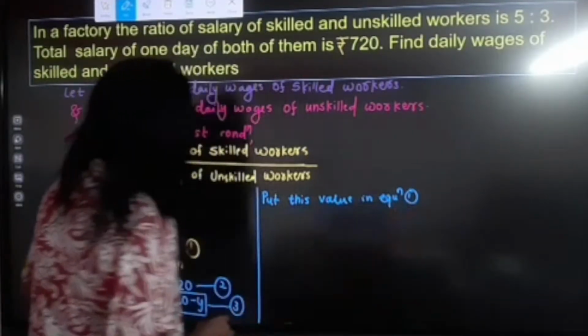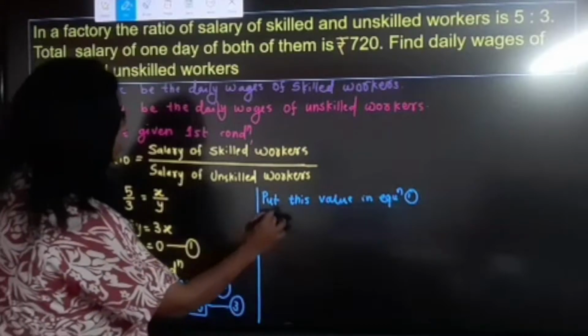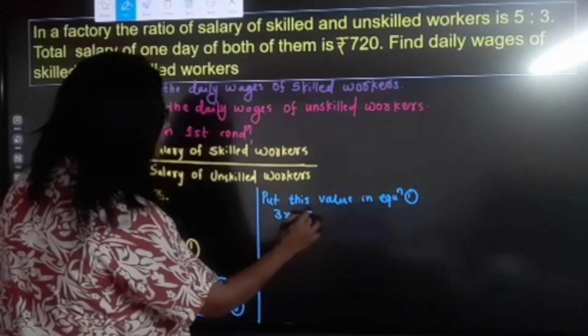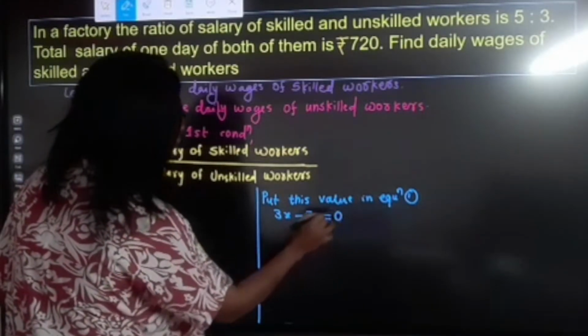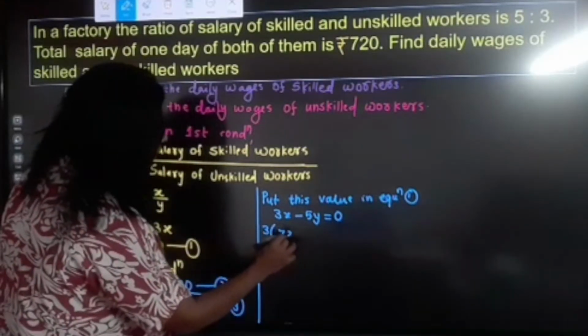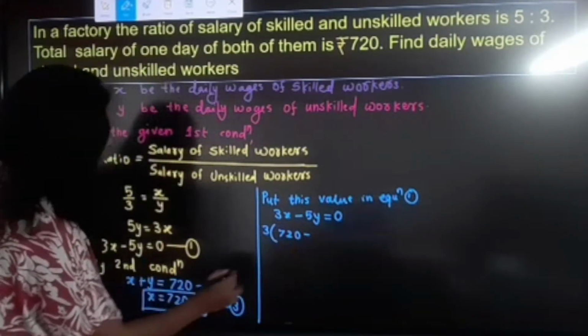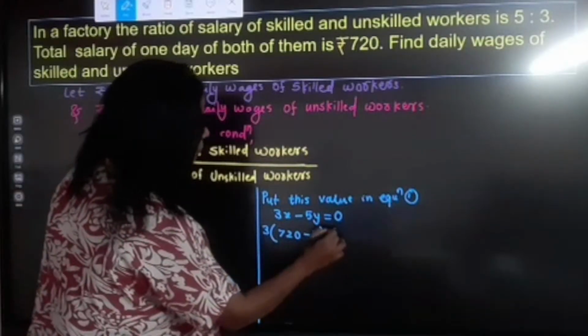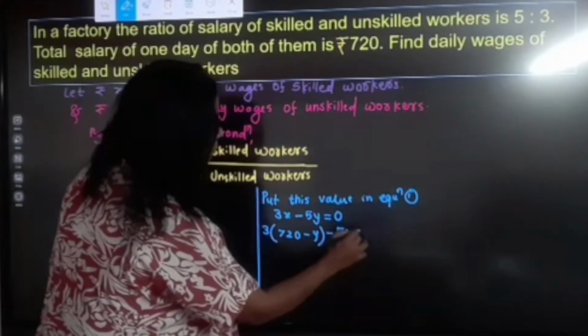Equation 1 is 3x minus 5y is equal to 0. So 3 multiplied by 720 minus y, minus 5y is equal to 0.